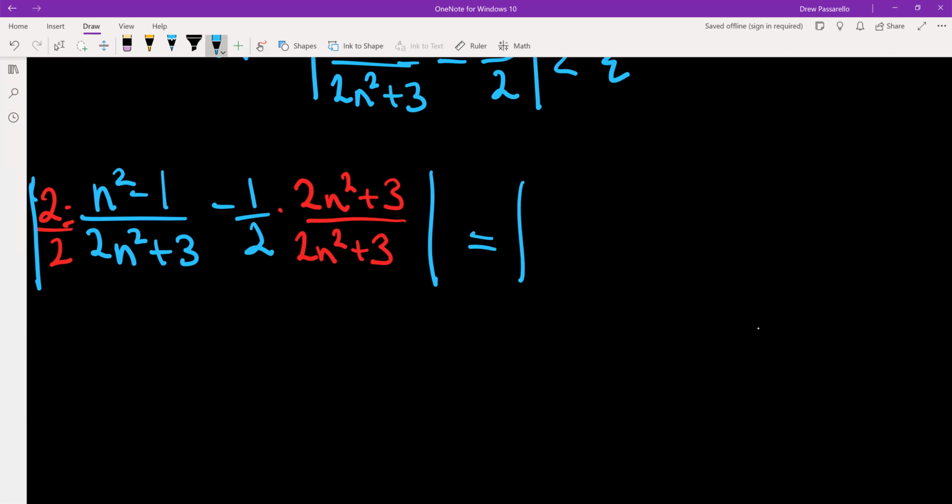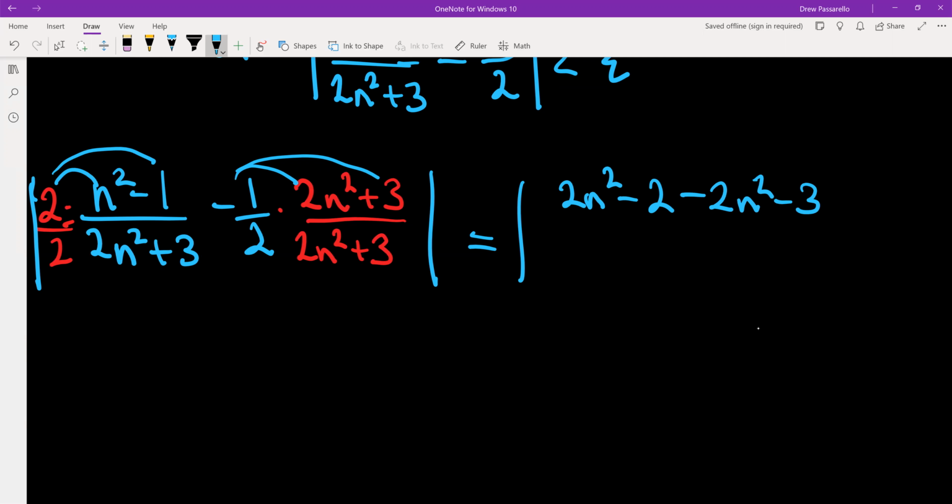That's going to be equivalent to, so we have 2 times n squared minus 1. I'll go ahead and distribute the 2. That makes that 2n squared minus 2. And then we have minus 1 times 2n squared plus 3, so that makes that minus 2n squared, and then minus 3. And all of that is over 2 times 2n squared plus 3.